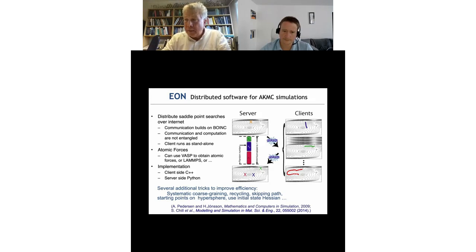One can use the initial state Hessian, because we're going to calculate a rate anyway, so we need to get the Hessian at the initial state minimum. We might as well do that right away, and then we can use that in the preconditioning of the saddle point search. There are all kinds of tricks. So that's basically to determine the prefactor for the rate, right? Yes, right. You do need to calculate the Hessian at the initial state minimum in order to calculate the rate, the prefactor.